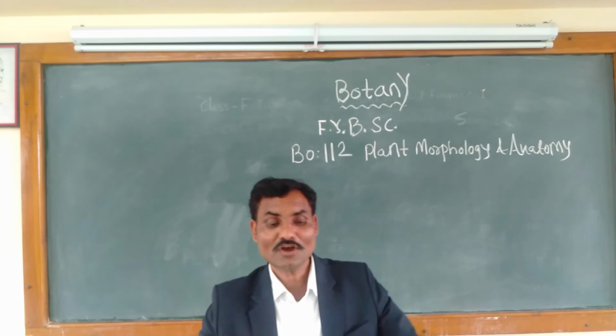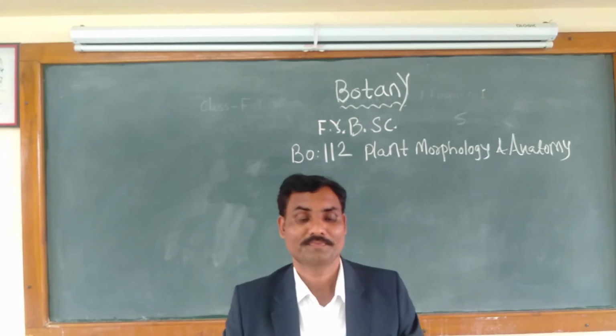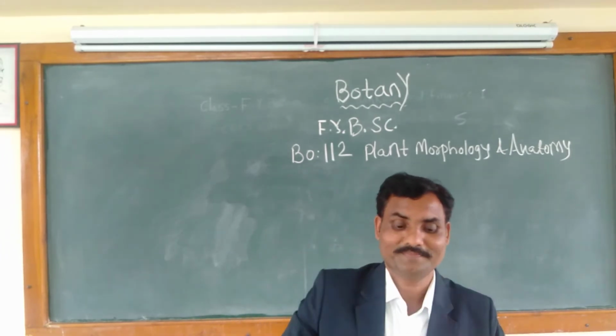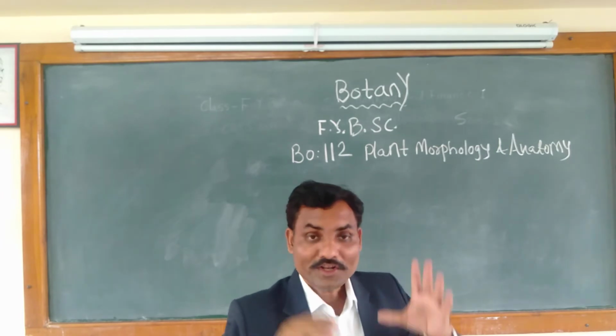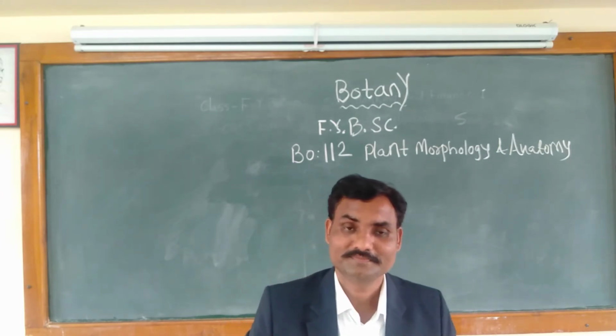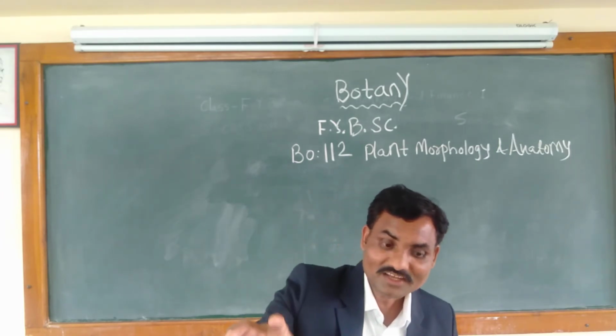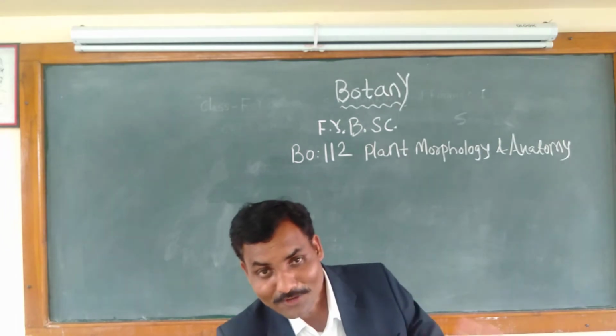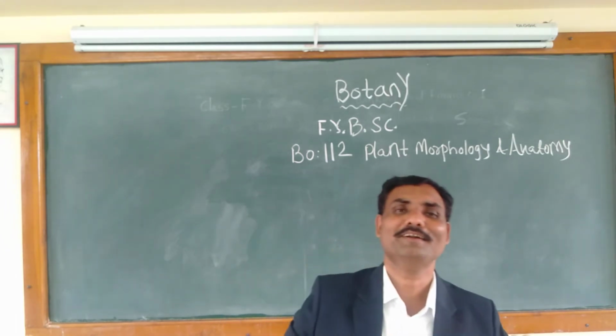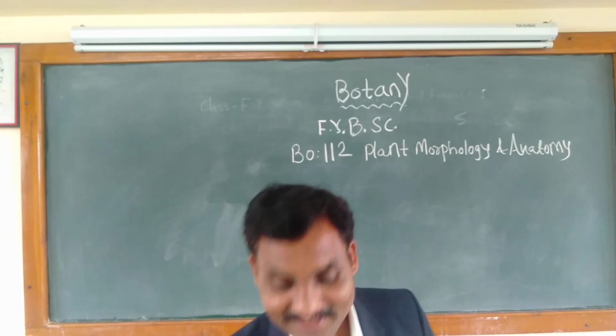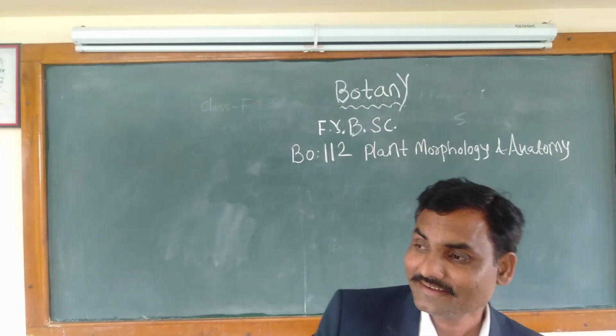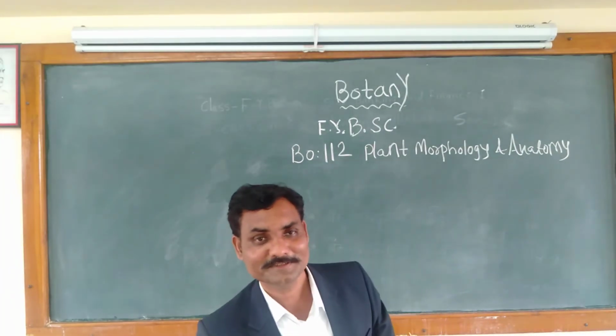Then aestivation of this, then aestivation types. Then modification of calyx. That is pappus calyx, petaloid calyx and spurred calyx. These three types of calyx are also present.